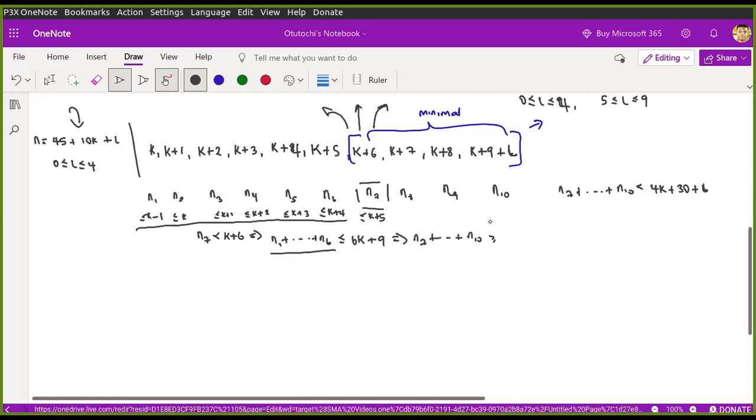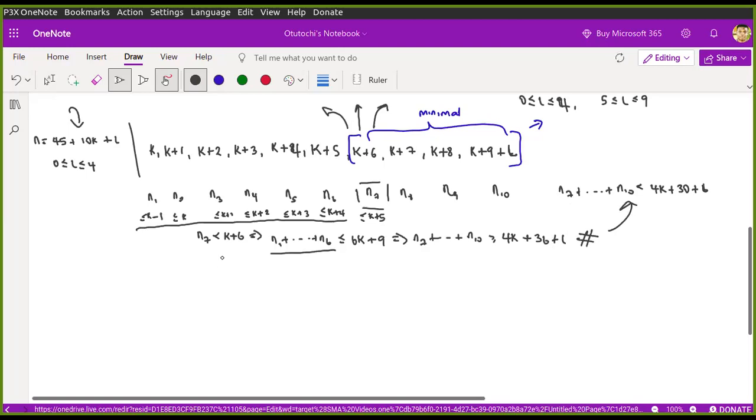So basically, if you do n minus that, it's going to be 10k minus 6k, which is 4k. We have 45 minus 9, which is plus 36. And then we have plus L, right? Which is definitely greater than this guy. And we have already assumed that the sum n7 to n10 is less than this. So there's a very big contradiction here, right?